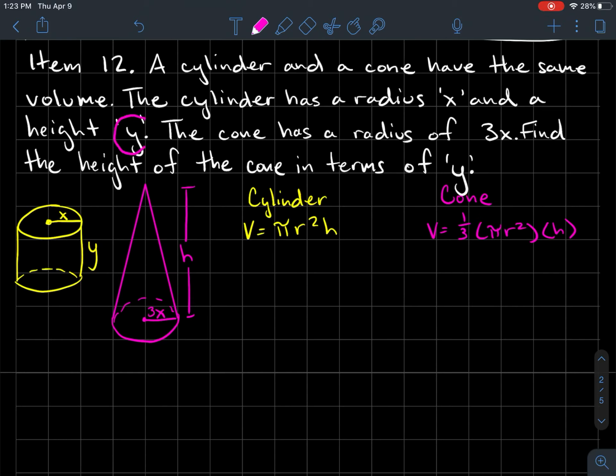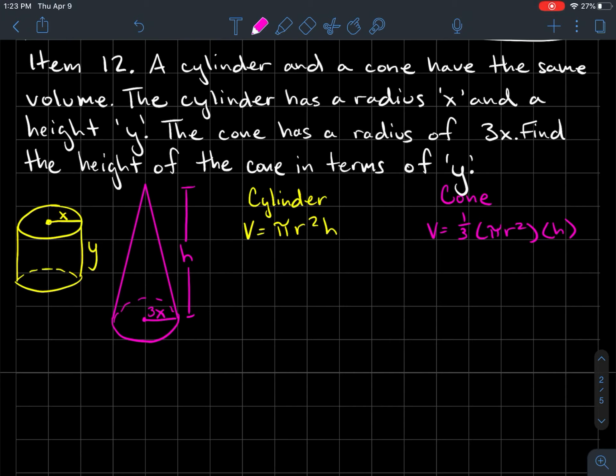So to top it off, now the height also has another variable, y. The cone has a radius of 3x. So it's 3 times the radius of the cylinder. Find the height of the cone in terms of y. All that last phrase means is that you're going to find the height of a cone, and it's going to have a y in the solution.